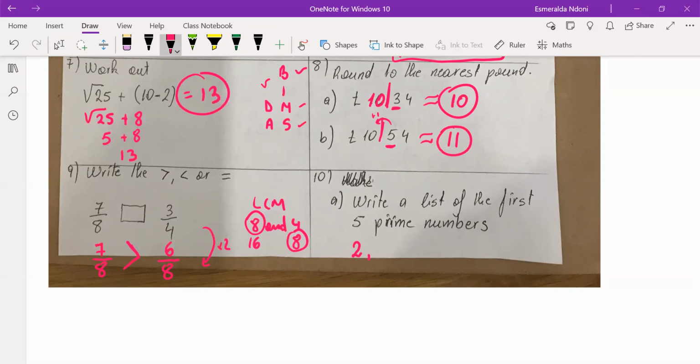So the first prime is 2, the next one is 3, the next one is 5, the next one is 7, and the next one is 11. And they carry on, but I'm only asking you for the first 5, so here is where you stop. So please tick your work or pause the video and correct it.